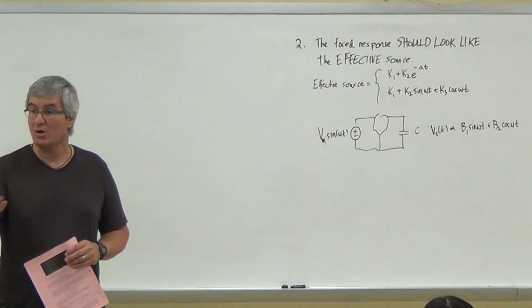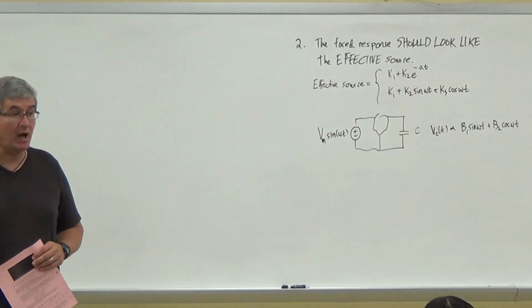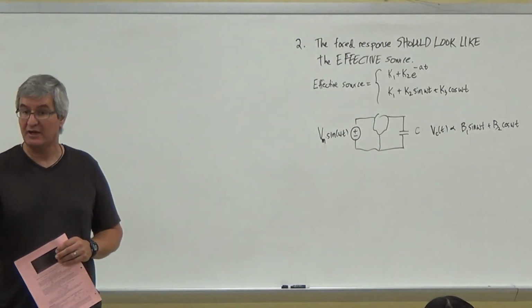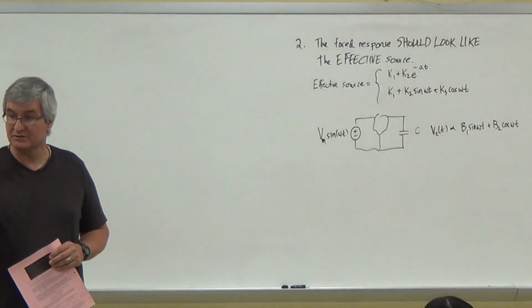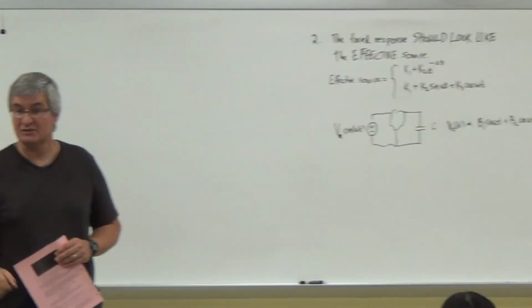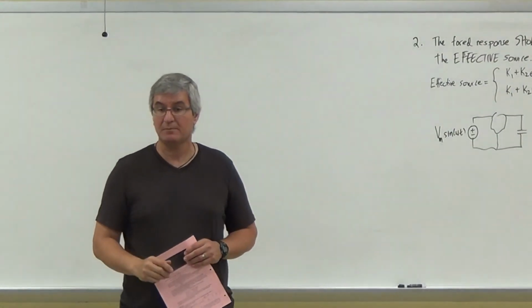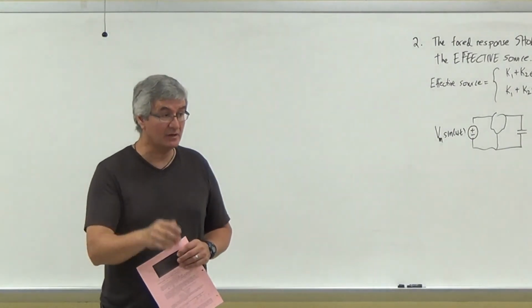Once I get those, then my whole job, right? A first order differential equation has what? One constant. What's that one constant? It's the initial voltage of the capacitor. It's the initial current of the inductor.